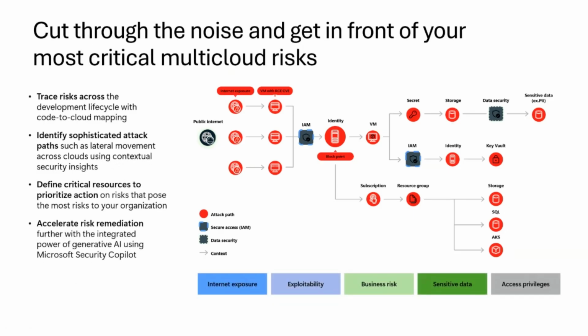All this allows you to cut through the noise and get in front of your most critical risk across your multi-cloud and hybrid environment. Central to those capabilities, there is one thing that stands out, and that is the Cloud Security Graph. The Cloud Security Graph is the core of contextualizing the security insights.